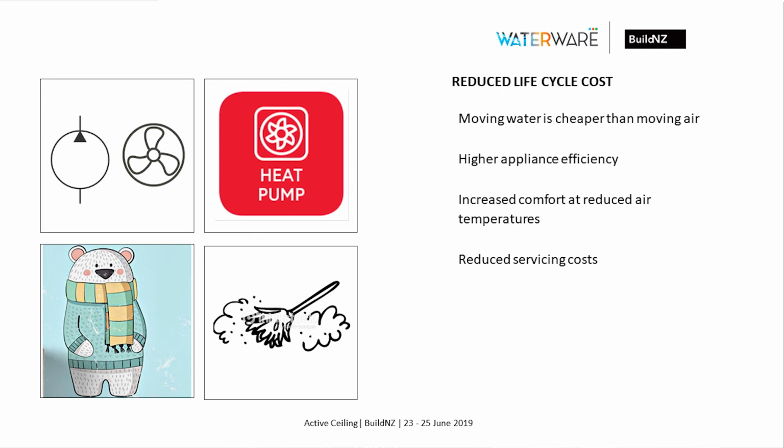Whereas in a radiant-based system, you can maintain comfort at a much lower indoor air temperature. 20 to 21 is normally satisfactory for most people. Because you're maintaining the temperature in the room at a lower level, the energy escaping from the building is less, so the running cost is less, because you have to replace less of that energy.